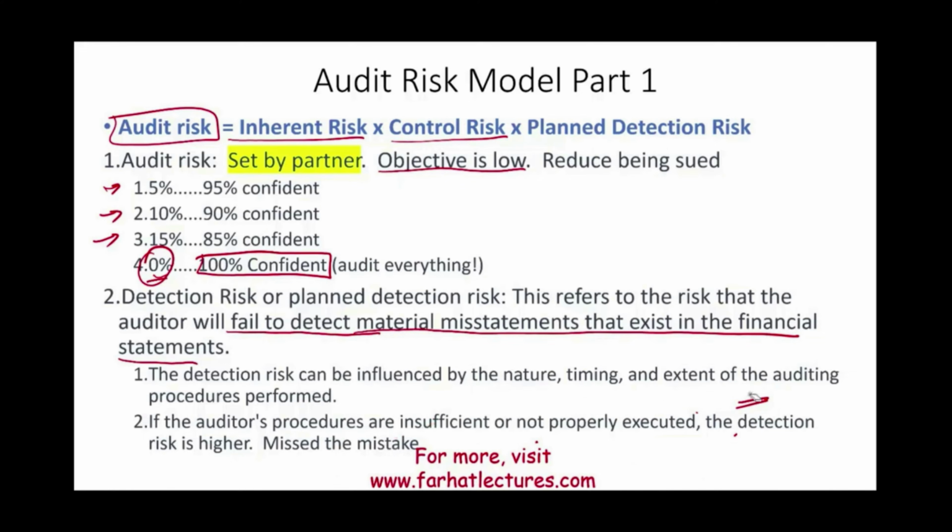Because the auditing procedures you set are what determine your level of comfort: the nature, timing, and extent. You want to execute those procedures in a way that's going to catch the mistake. If you're comfortable with this, you are willing to accept more risk. And again, we're going to go back and talk about detection risk later because this is the number that we have to compute, and you're going to see how and why later.